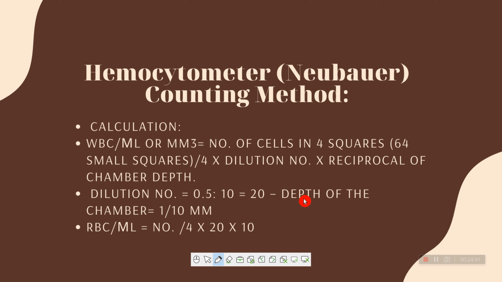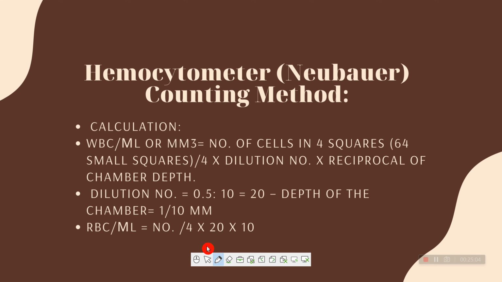Then the observation we get from performing the total leukocyte count is put into this formula. The total number of WBC is equal to the number of cells in 4 squares multiplied by the dilution number into the reciprocal of chamber depth.